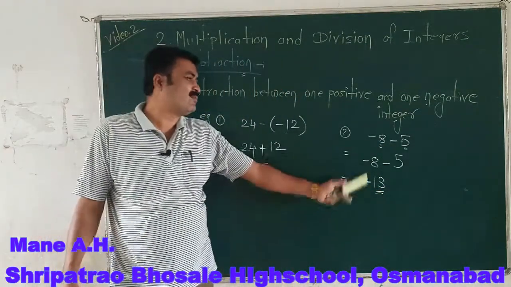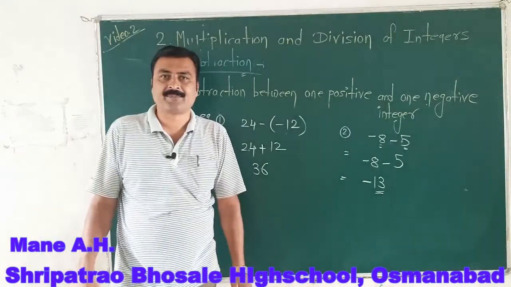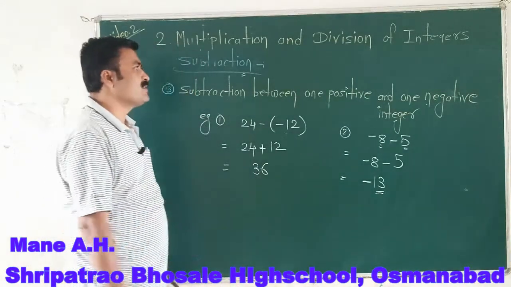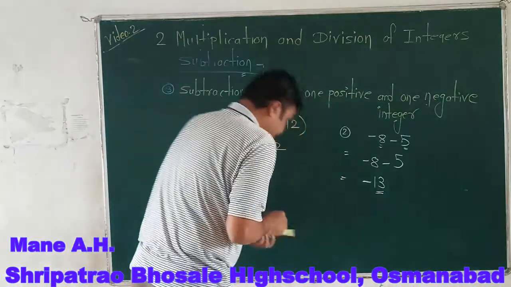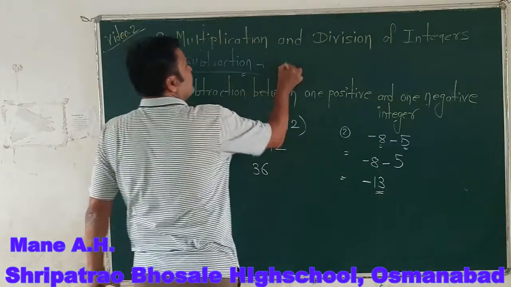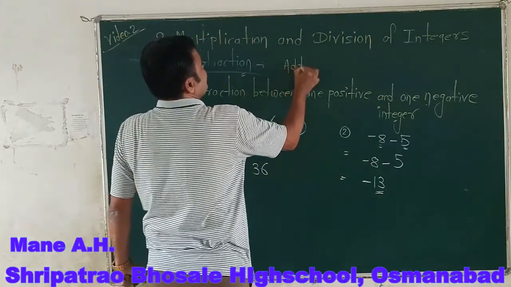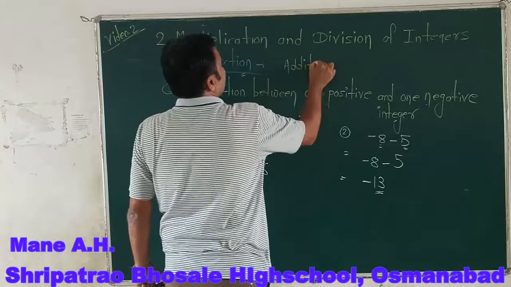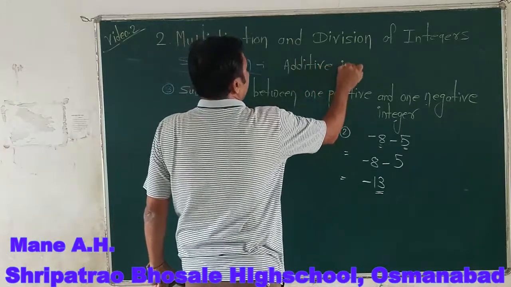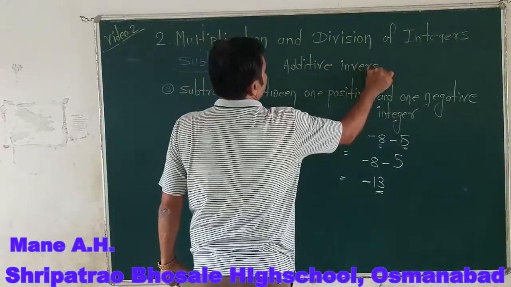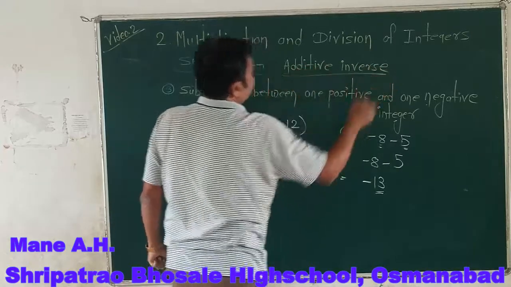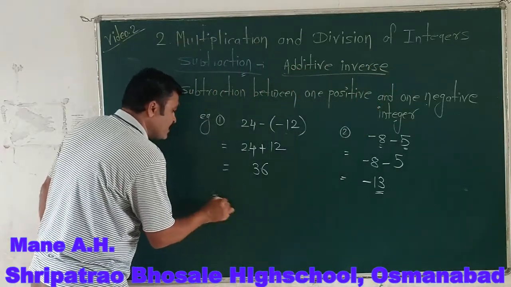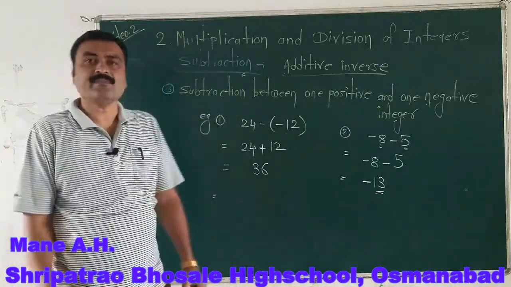Now it is somewhat difficult to understand. Now we are using the concept of additive inverse here. तर सुरुवातीला जी मी तुम्हाला ॲडिटिव्ह इन्व्हर्सची जी संकल्पना मी सांगितलेली होती बेरीज व्यस्त, त्या बेरीज व्यस्ताचा वापर इथं केलेला आहे.